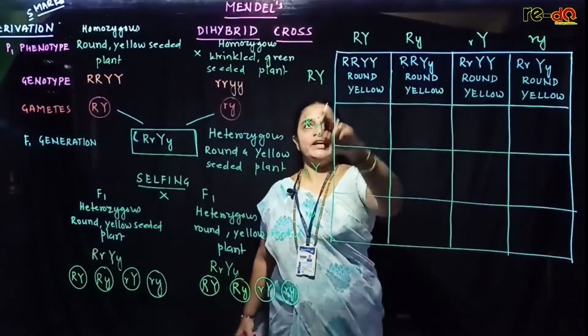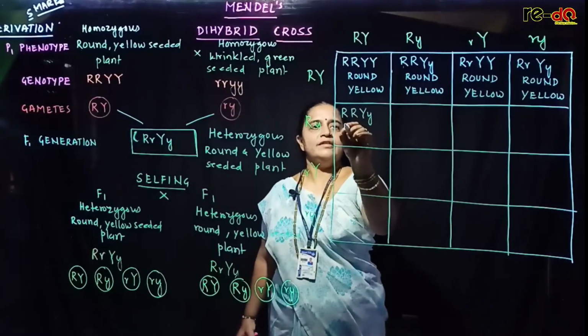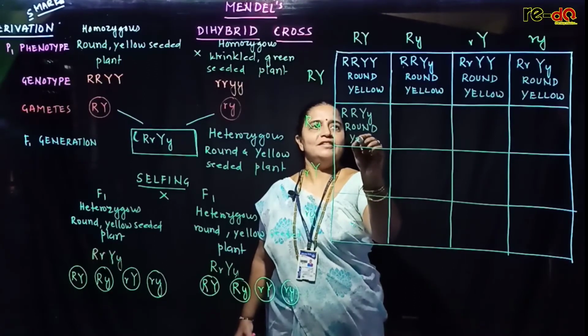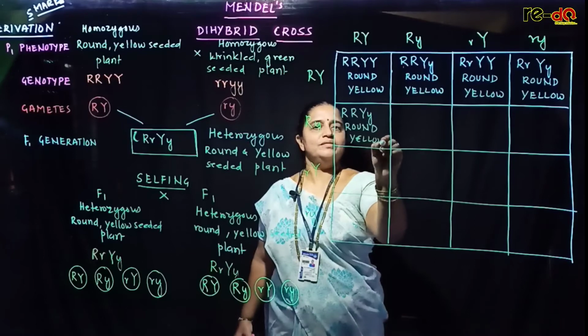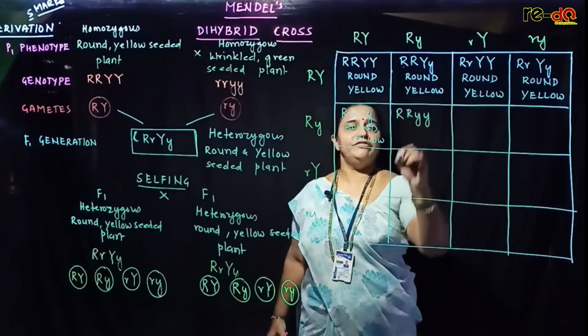Okay, now we need to take second gamete, R, R, Y, small y. This is also round yellow.